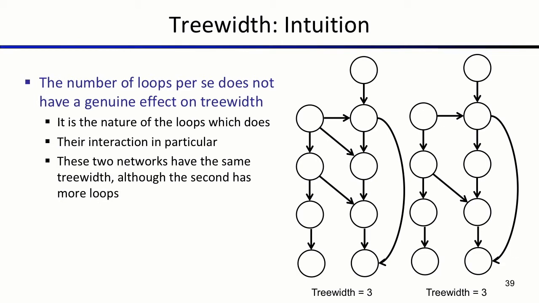Both of them have the same tree width, that is 3, but the one on the left, the first one, sorry, there is a typo here, the first one has more loops than the second one. So it's not just the number of loops, but also the nature of the loops and how they interact with the remaining nodes and edges in the network.